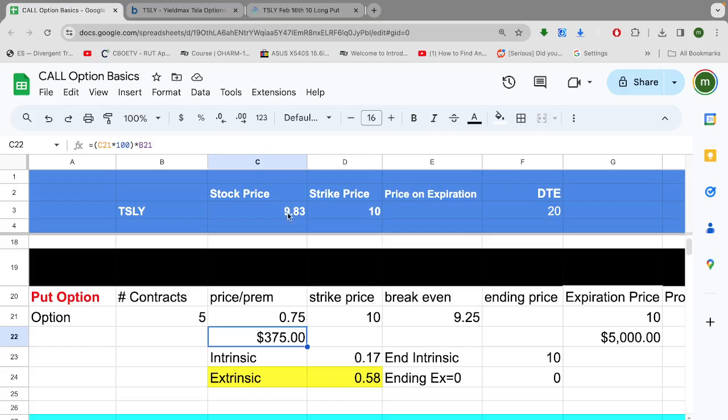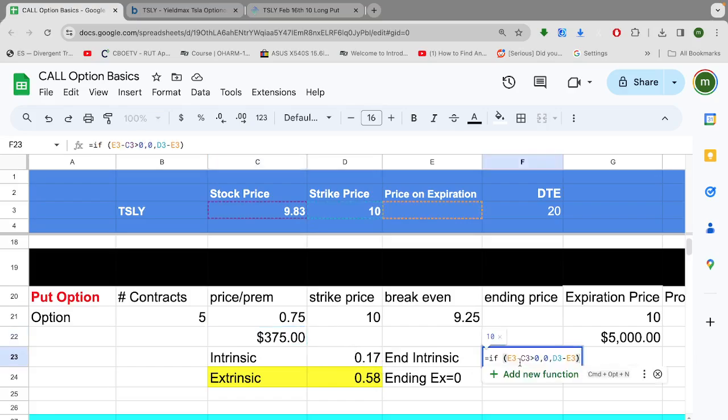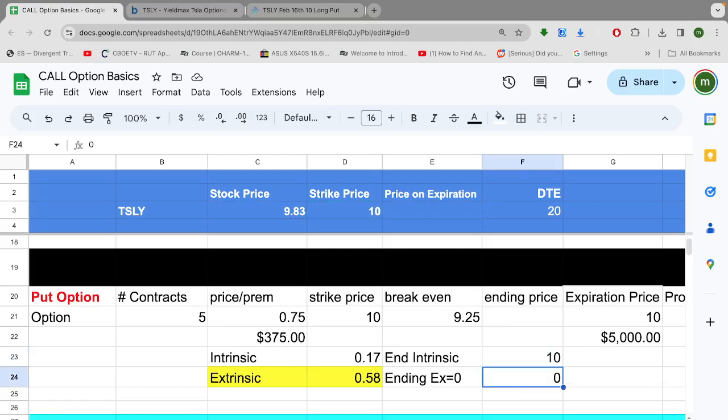Well, TSLY's at $9.83 right now, so that's instantly in the money. And that's what this 17 cents reflects. So that's awesome. But then what you do is you subtract 17 cents from the premium, which is 75 cents, and everything else is the extrinsic.